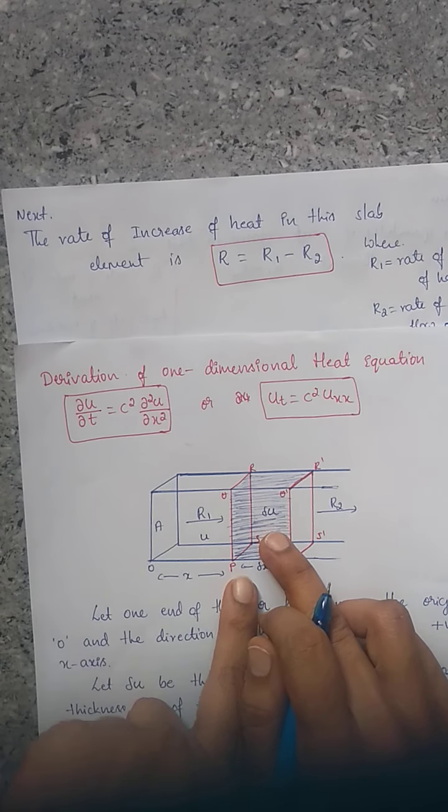The rate of increase of heat in this slab depends on R1 minus R2. R1 is nothing but the rate of inflow and R2 is nothing but the rate of outflow. Taking the subtraction R1 minus R2, we get the rate of increase of heat in this slab. Next, find the R1 and R2 formulas using the basic principles of conduction of heat, using this third point.